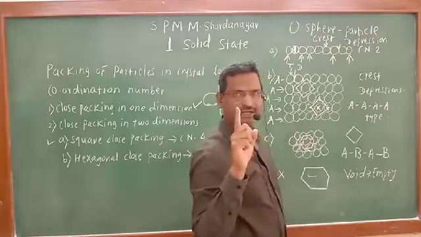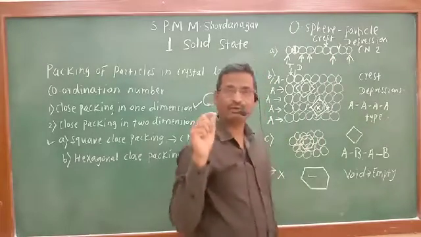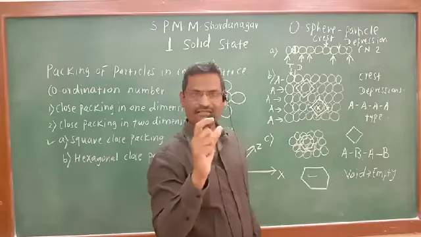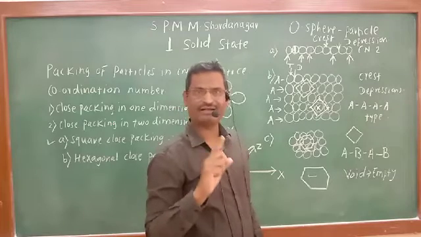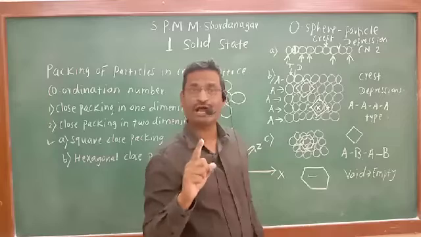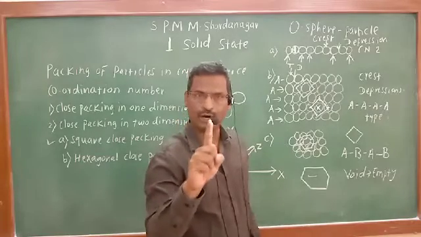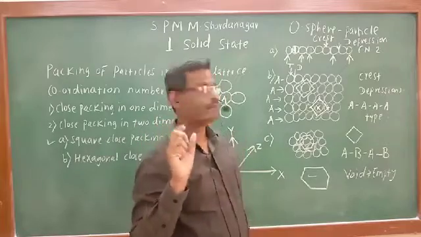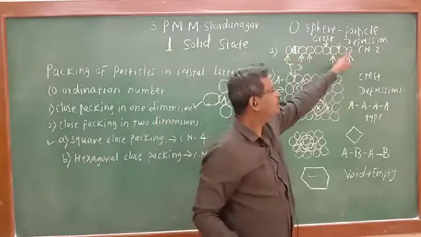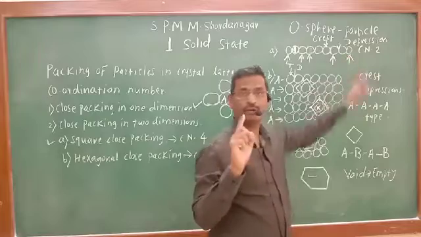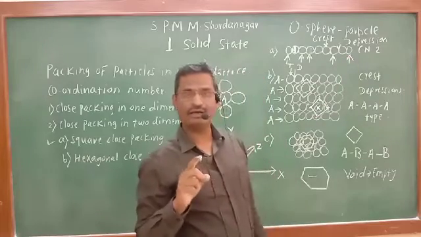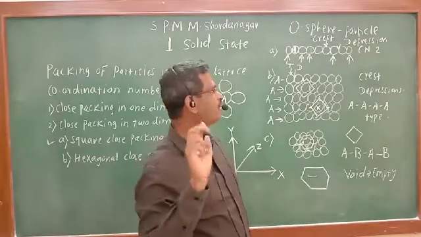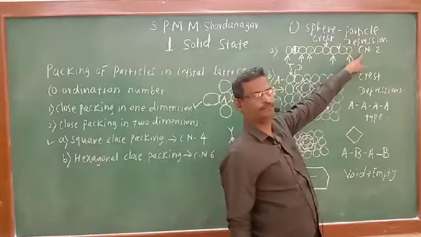Therefore the coordination number is 1. It means that in this close packing, the first and last sphere, that is first particle and last particle, have coordination number equal to 1. But all the remaining spheres from number 2 to last minus 1, each sphere is in contact with 2 other spheres. Therefore the coordination number will be equal to 2.